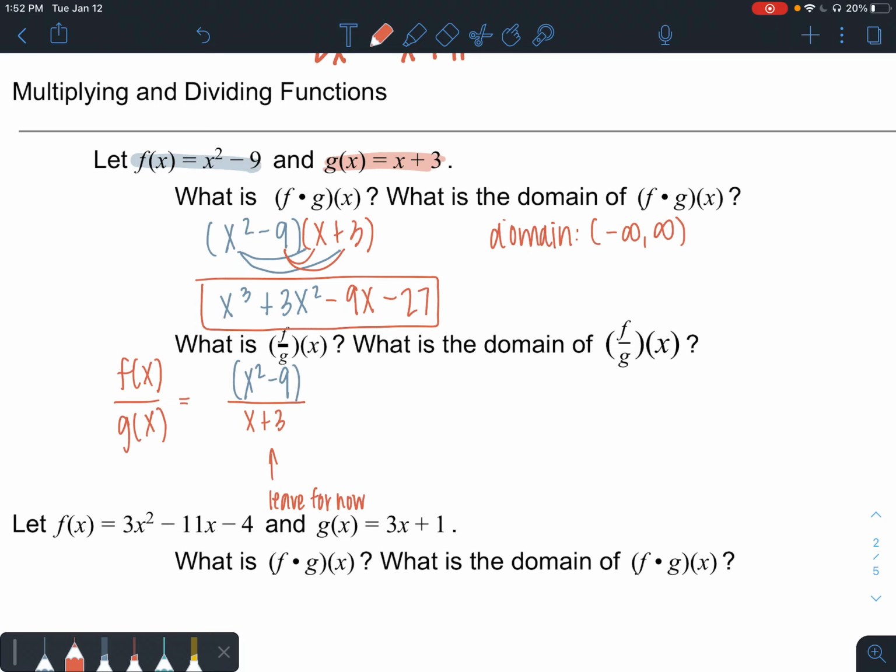For the domain, we can't have 0 in the denominator. So we need to set our denominator, x plus 3, equal to 0, and solve. Or actually, we said not equal to 0 and solve. So x cannot be equal to negative 3.